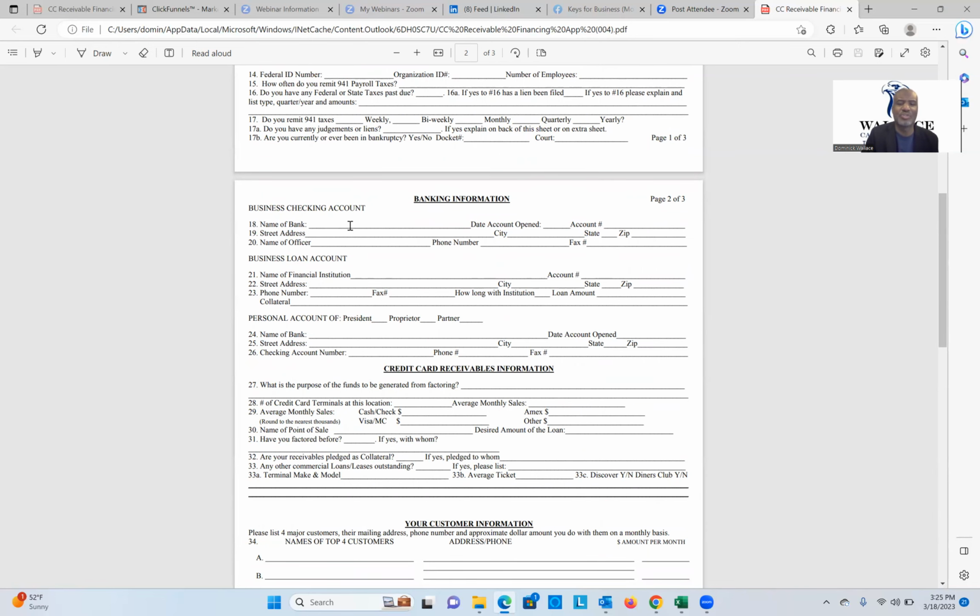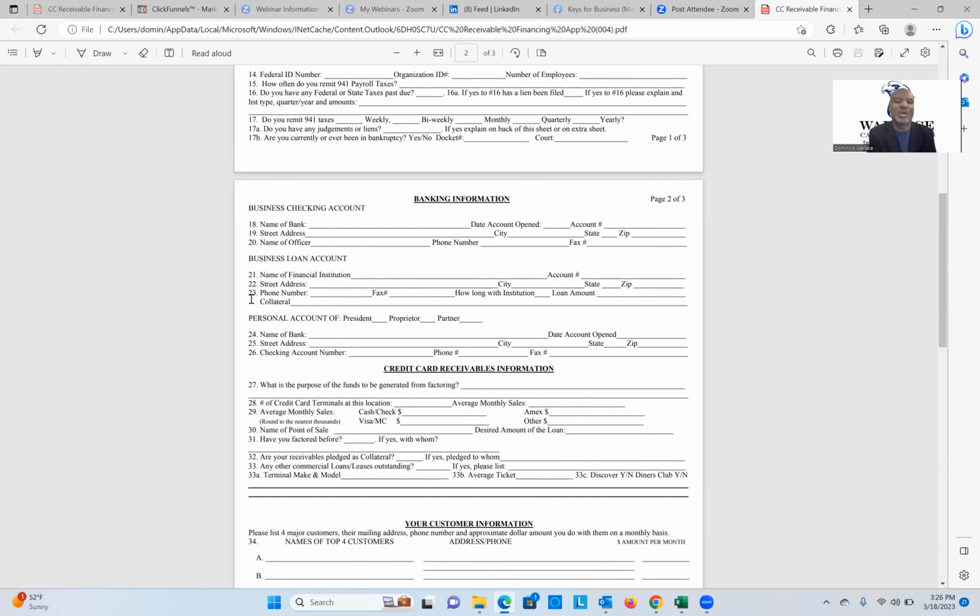So the name of your business bank account, your primary business account, when you opened it, if you can remember, of course, the account number, the street address of the bank where you opened it, city, state, zip code, name of a banking officer, if you know, definitely their phone number, fax number, if you have it.